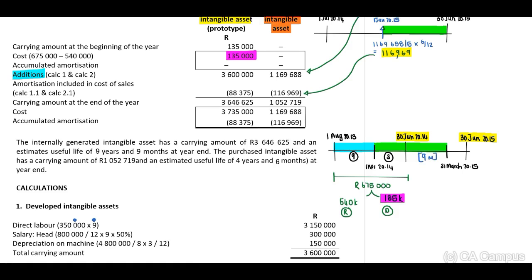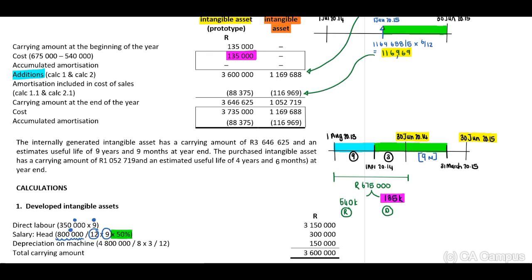Then they've indicated to us that the head spent 800,000 is the annual salary. Therefore, divide by 12 months times the 9 months times 50%, as this is the time that he spent on our project.